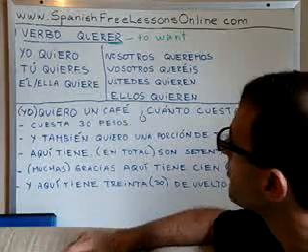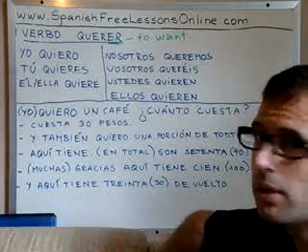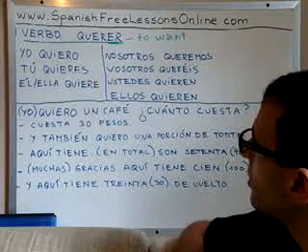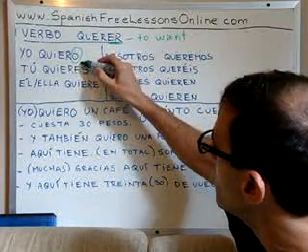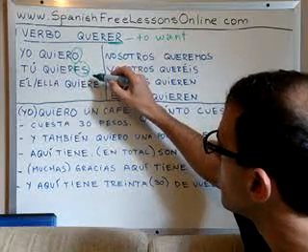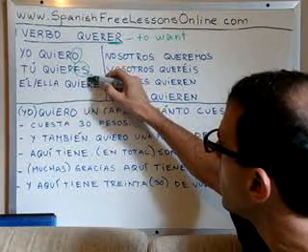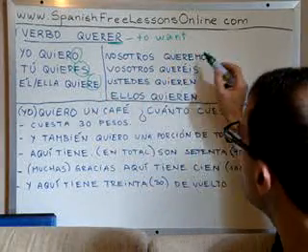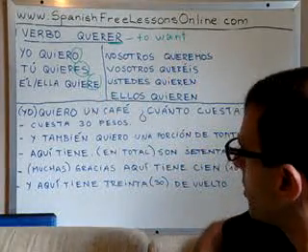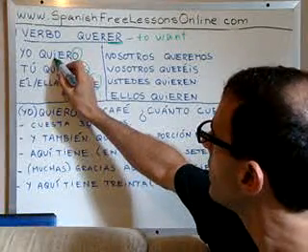However, in this verb that is irregular, you not only add the termination, right? But you also need to add this letter I here in between.